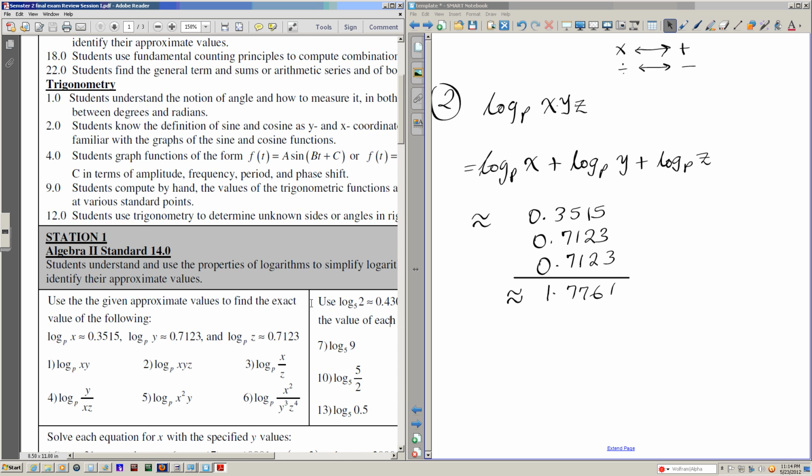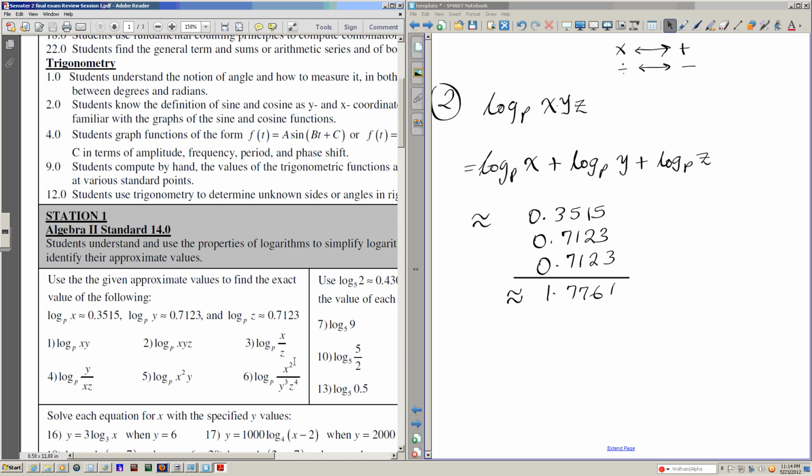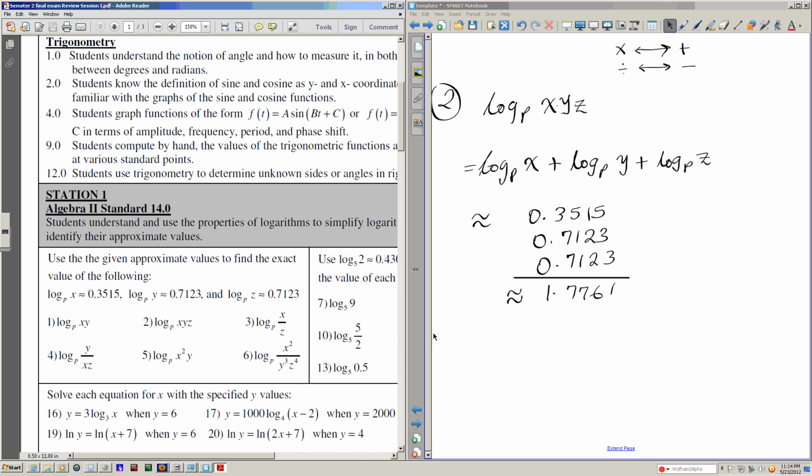Okay, let's try a problem that involves division. Let's try number 4. For number 4, we're looking for the value of log base p of y divided by xz.